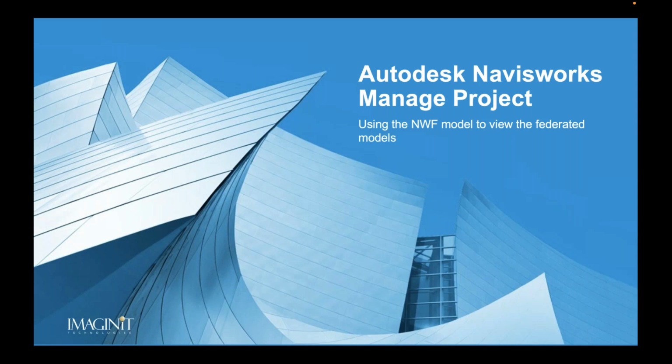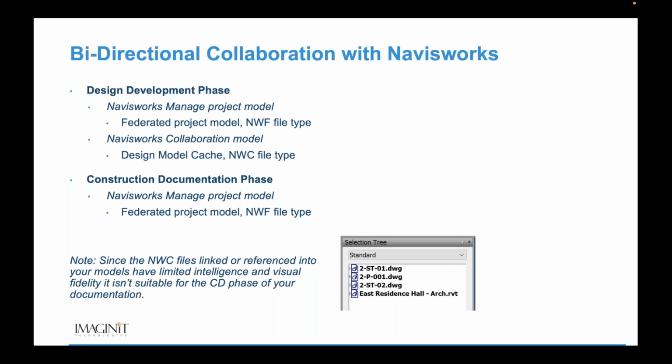If you need to be able to coordinate between models that have different file types, and in some cases you won't even have the software, you can actually append those model files into a Navisworks project model and be able to see that information, and it'll pull some intelligence in.